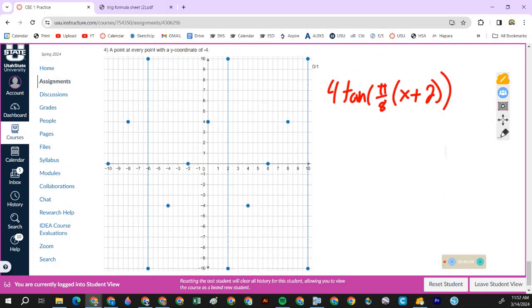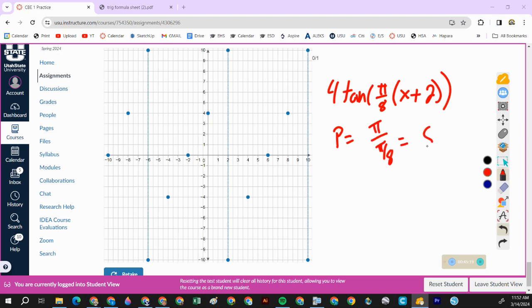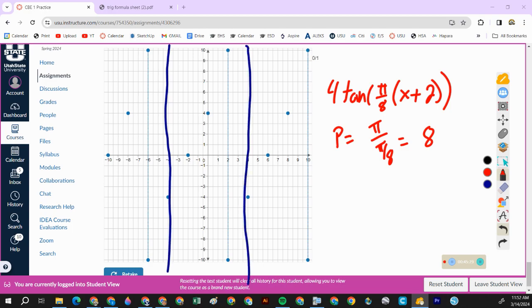And then I can do the whole graph. So my period is pi divided by pi over 8, and that just turns into the number 8. So from negative 4 to 4 is my graph, and then halfway will be 1, and halfway will be negative 1. So right now my graph looks like that.